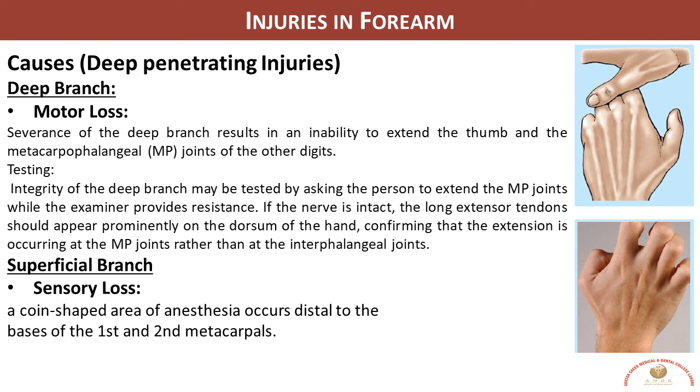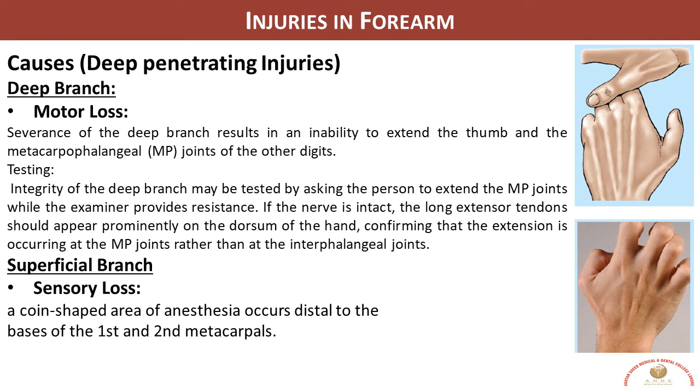When the superficial branch of the radial nerve, which is a cutaneous nerve, is severed, the sensory loss is usually minimal. A coin-shaped area of anesthesia occurs distal to the bases of the first and second metacarpals, which are mainly supplied by the cutaneous supply of the radial nerve. And why is this less than expected? Because of overlapping of the cutaneous branches of the median and ulnar nerves.